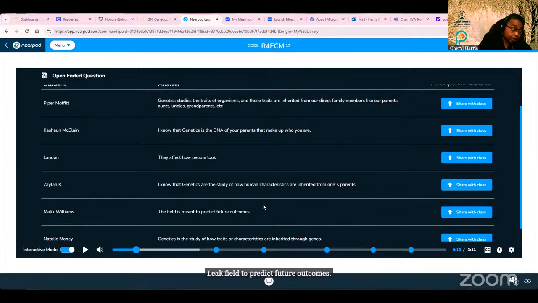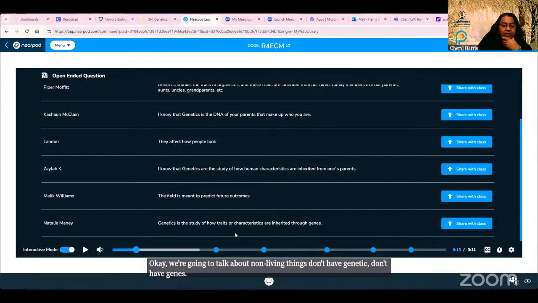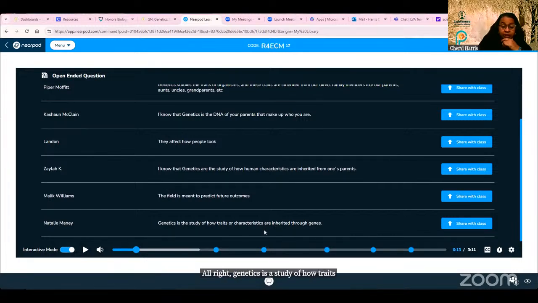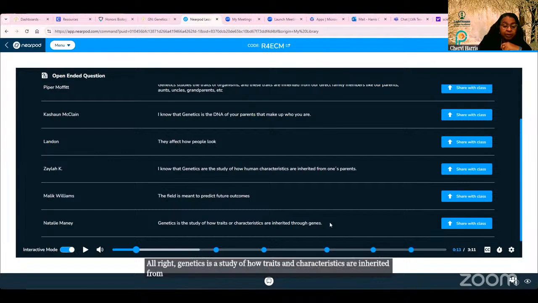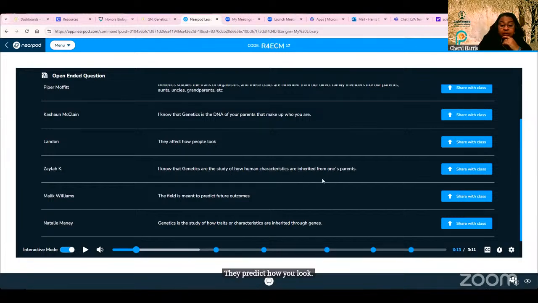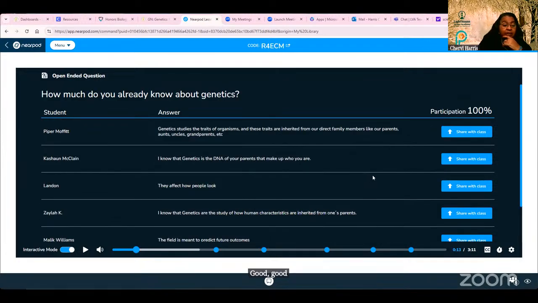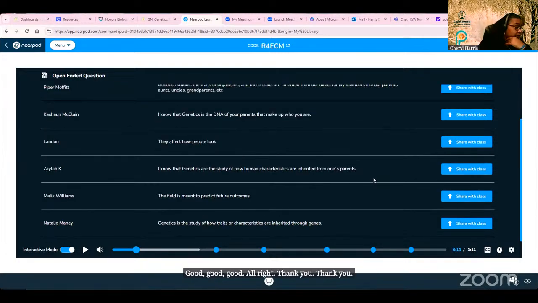Okay, future outcomes in living things, because non-living things don't have genes. Genetics is a study of how traits and characteristics are inherited. They predict how you look. The study of human characteristics. Okay, good. All right, thank you.